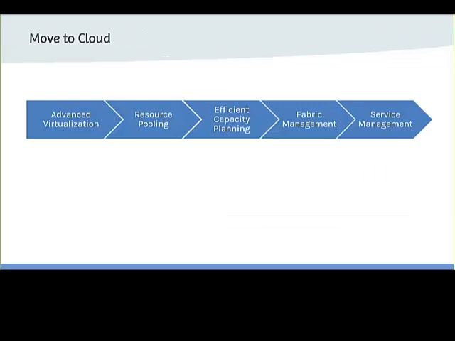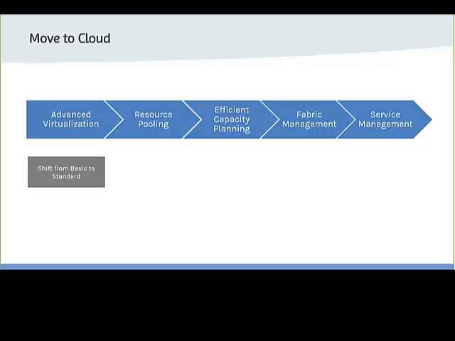First of all, if you want to move to the cloud, you have to move from the basic category to a standardized category. And there is something, I think we all are clear about that, it's virtualization.